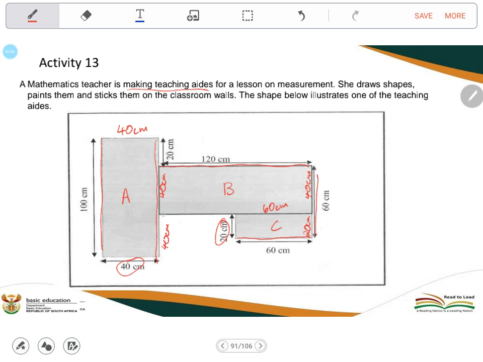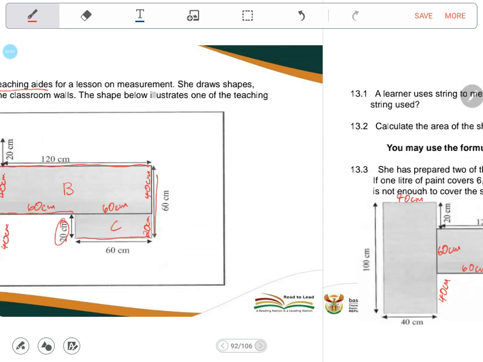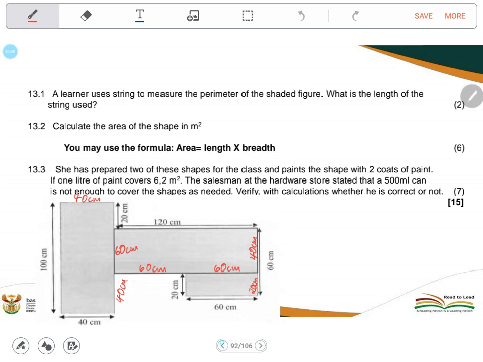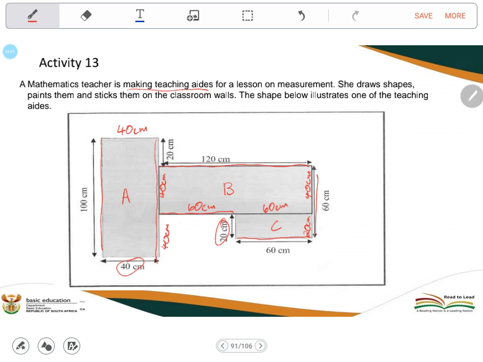Which means this distance here will be 60 centimeters, so that it can complete 120 centimeters. Now, that's what we have done there.